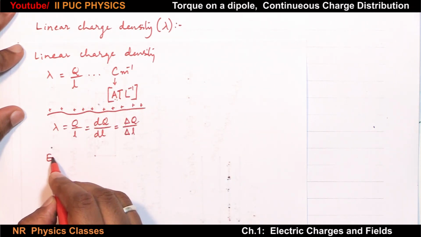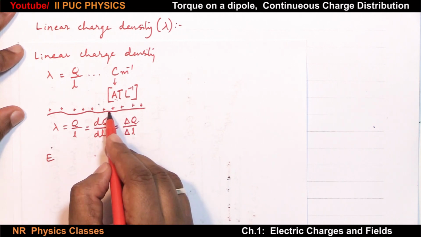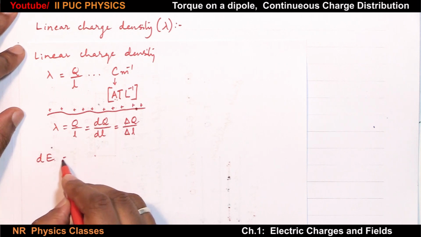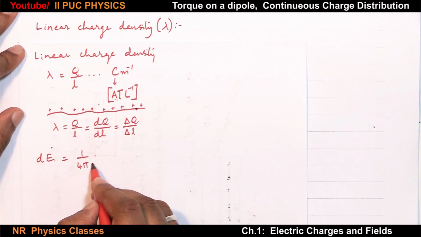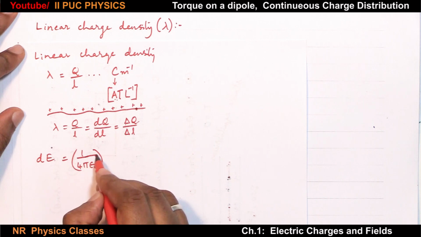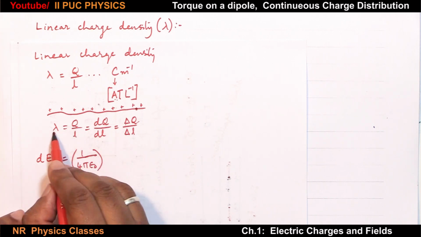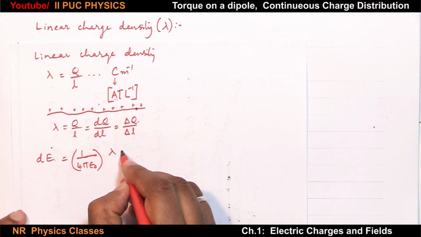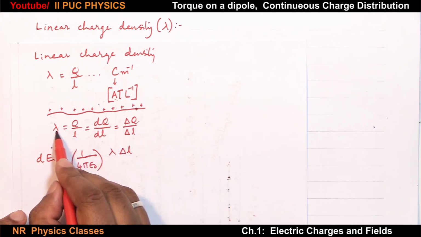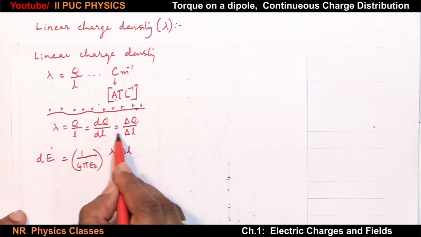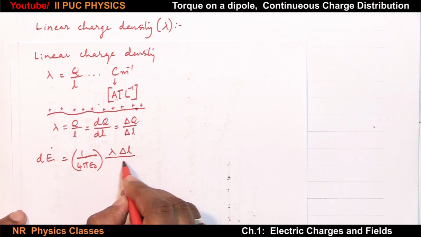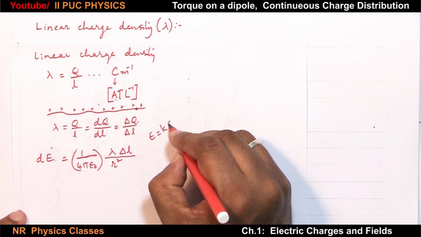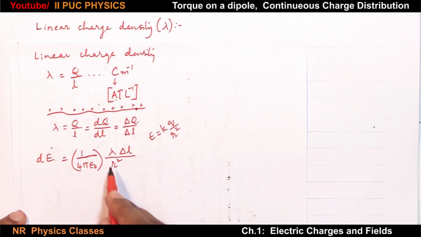Now, if it is linear charge density, then the electric field because of this conductor with charge is given by 1 by 4 pi epsilon naught. In place of charge, we can write lambda into dl, or lambda into delta L, divided by r square, because you know electric field is given by constant q by r square.